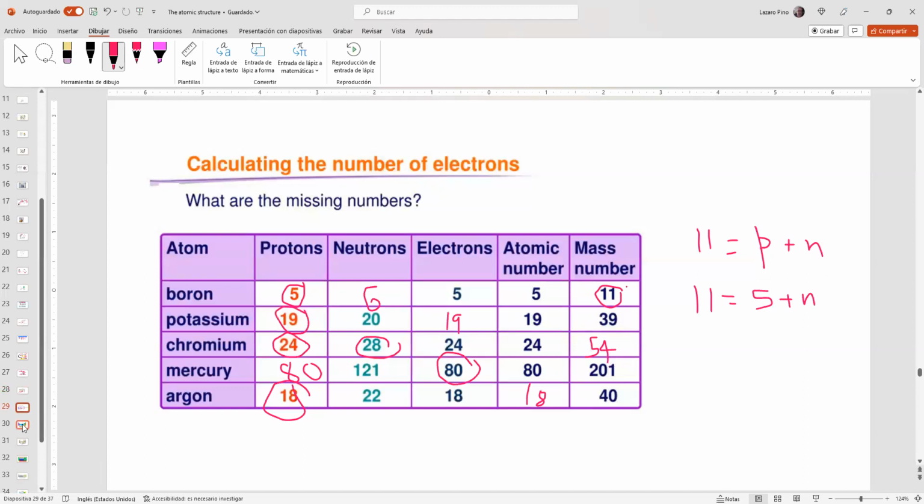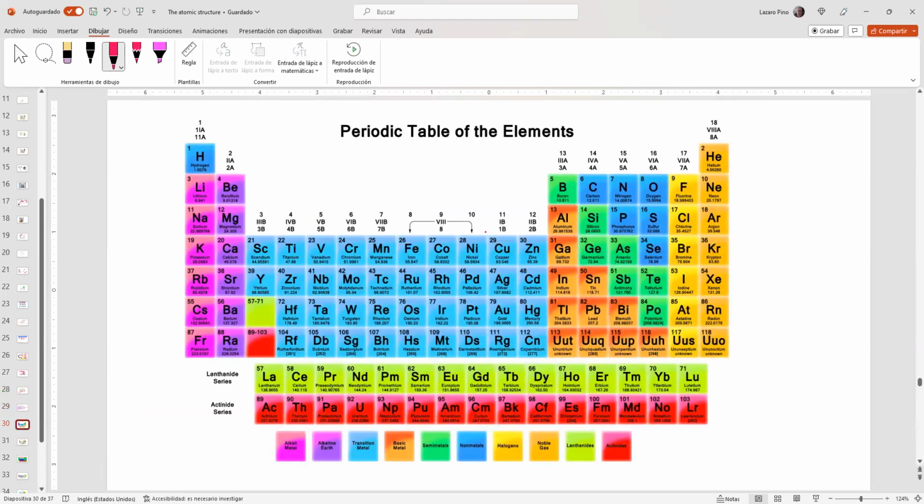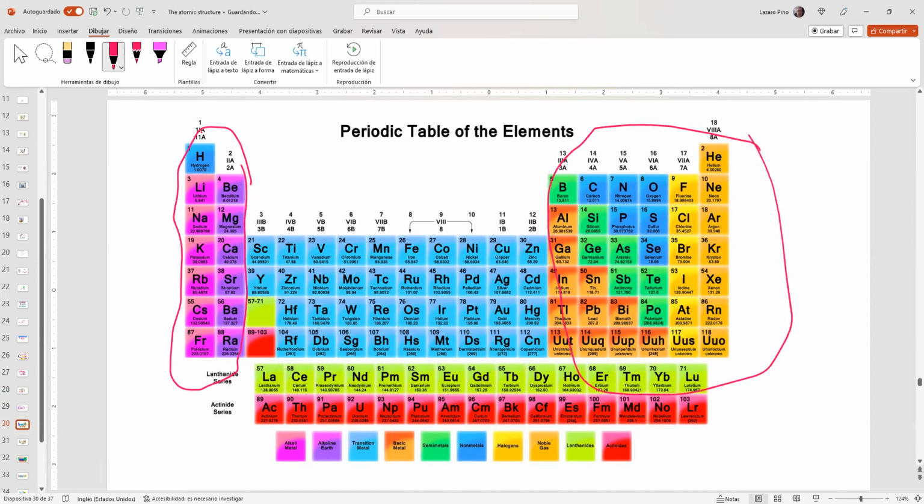Well, this is a periodic table. This is not the first time you see it, but I want you to know that the periodic table is divided into representative elements that are these ones in groups 1, 2, 13, 14, 15, until 18. These are representative elements. The middle ones are what we call transition elements.